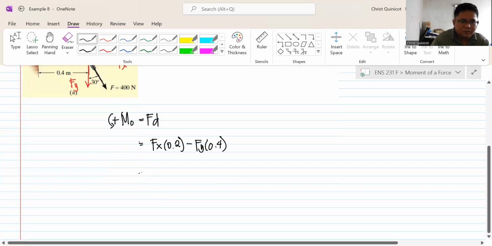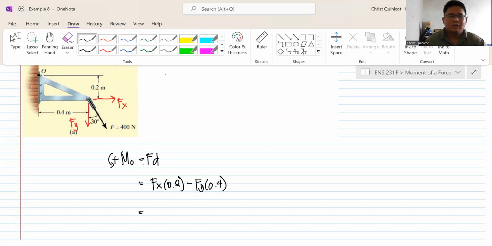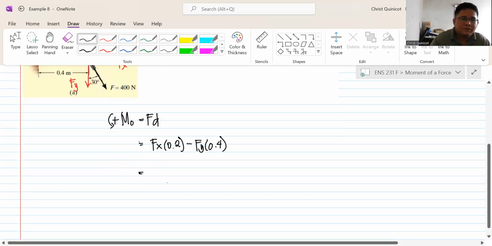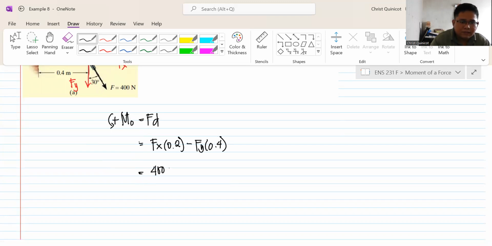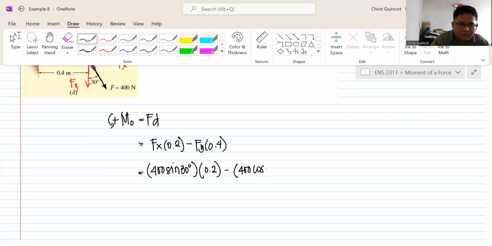Okay, we substitute our values. Take note that our 30-degree angle is measured from the vertical and not from the horizontal. So our F sub x will be 400 sine 30 degrees times 0.2, minus our F sub y, which is 400 cosine 30 degrees times 0.4.